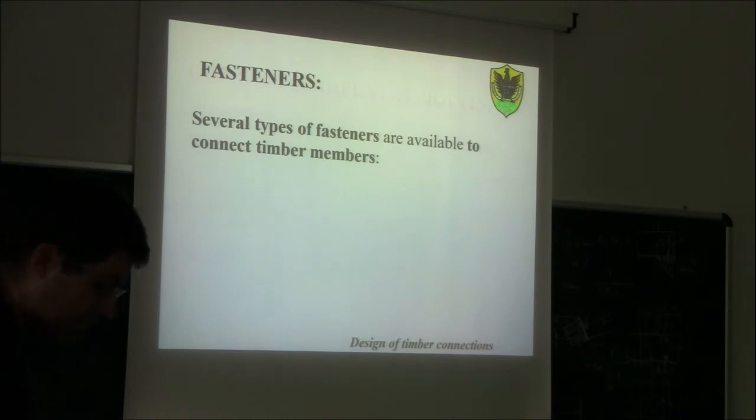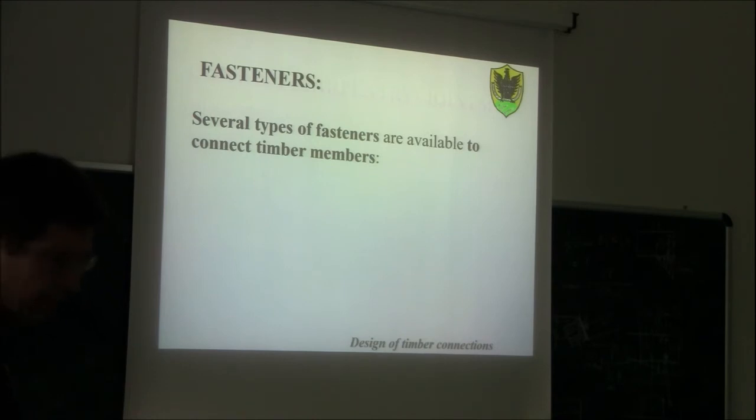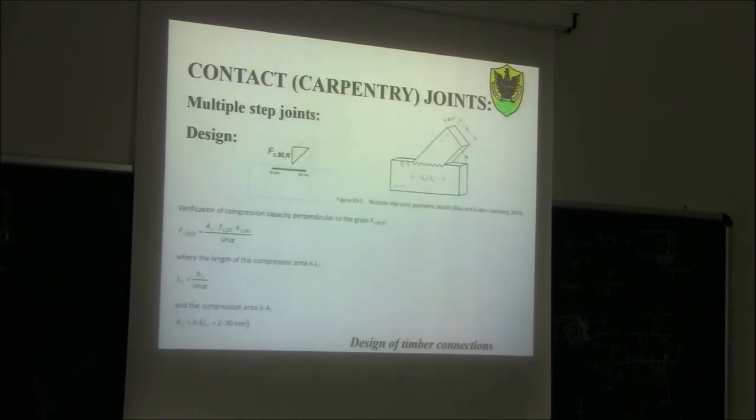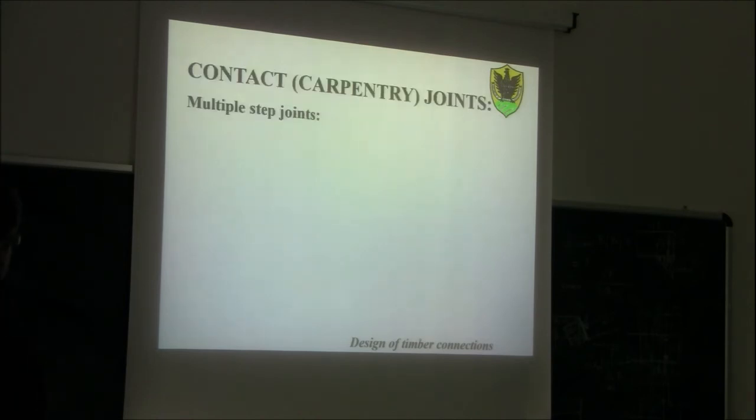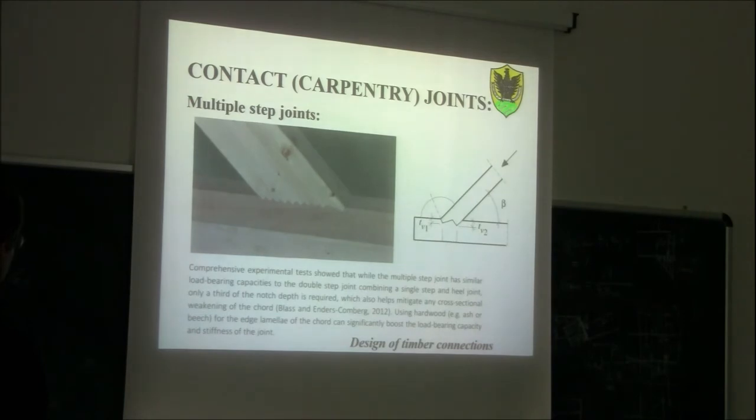Using hardwood is basically to increase the strength. The problem with the hardwood is that, like in this case here, only the external lamination was made of hardwood, not the whole thing. So if you have only the external lamination made of hardwood, it's much easier to have a step like this than the other one.